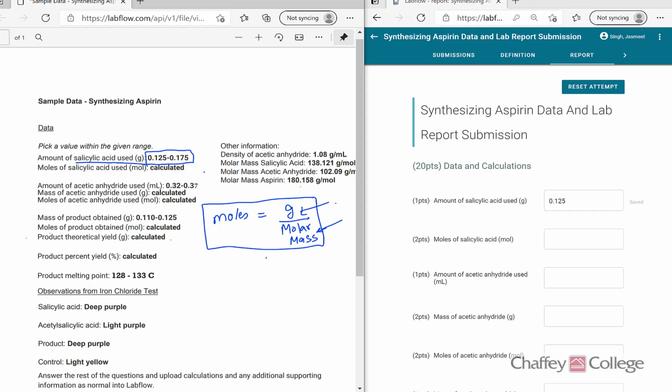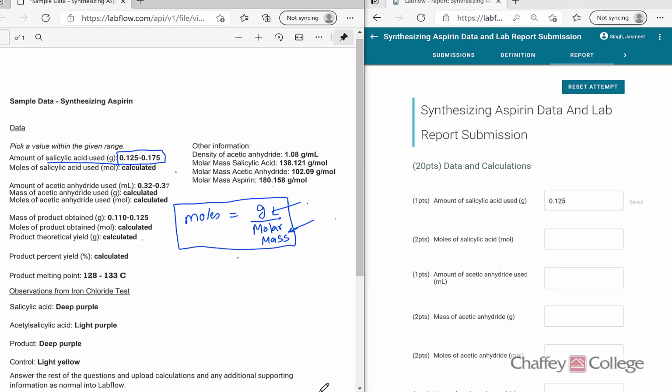So in our case, we already know the grams. So the grams is, I'm using 0.125, you may use some other number. And fortunately, the molar mass of salicylic acid is also given. So this is the molar mass of salicylic acid, 138.121. So dividing the mass with this molar mass will give us moles.